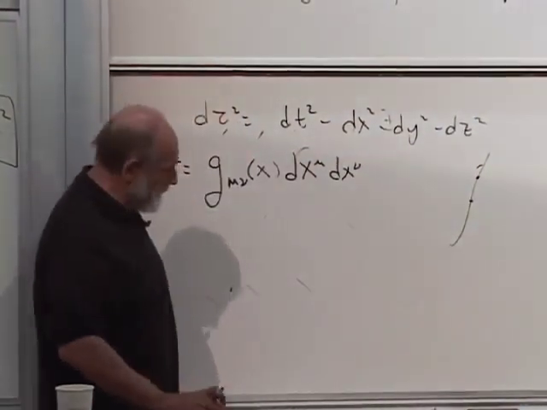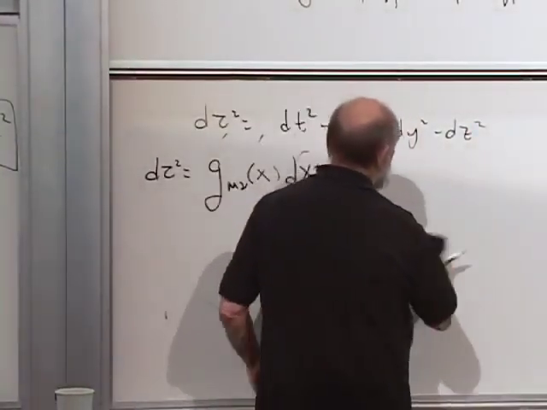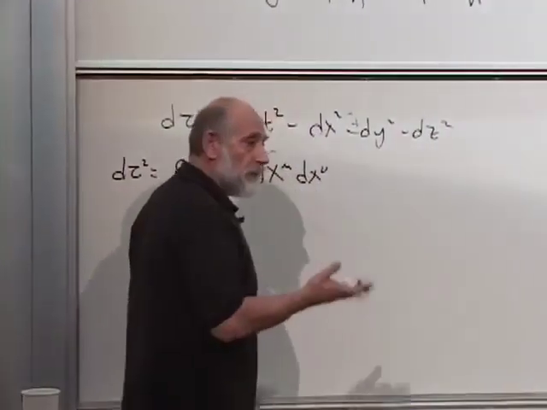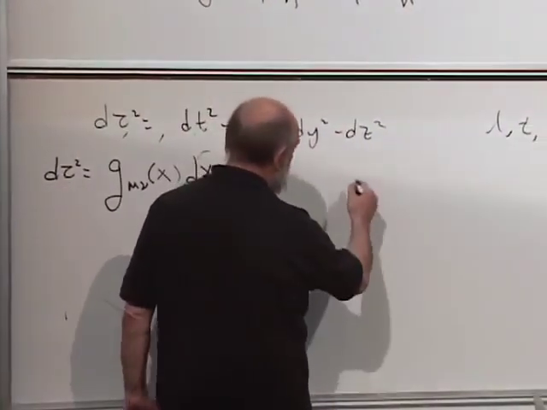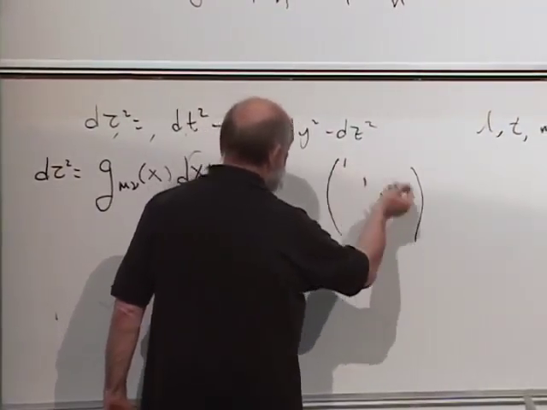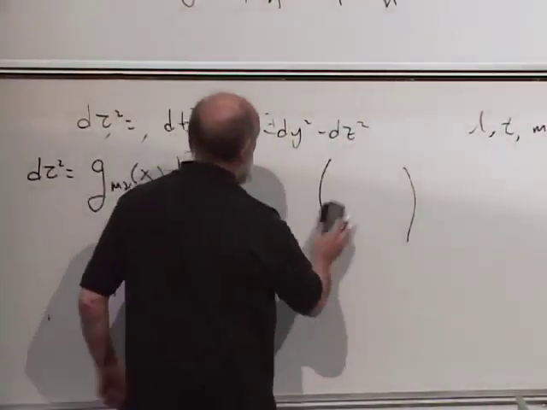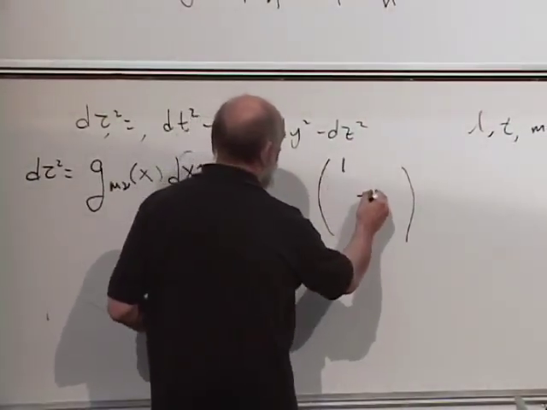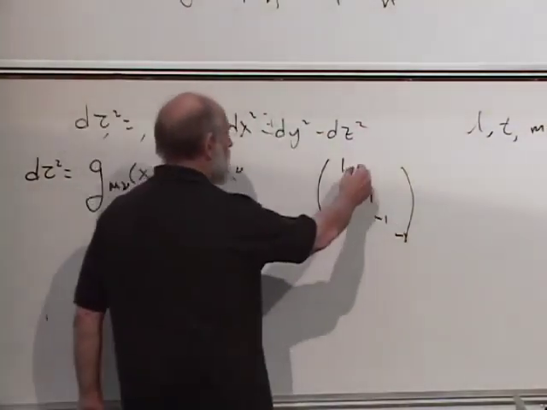In other words, it's a matrix, just like G was a matrix before. In flat coordinates, originally, the metric was 1, 1, 1, whatever. What is it now? It's a 1 and 3 -1s, with all zeros elsewhere.